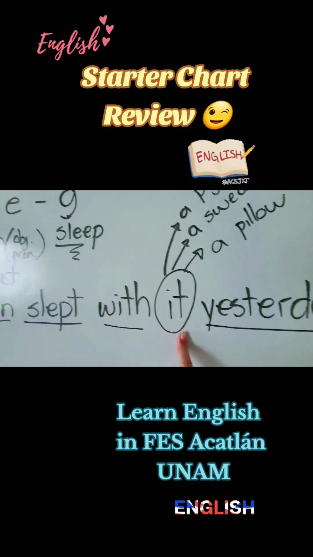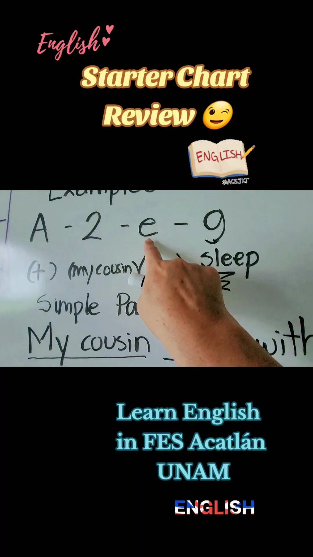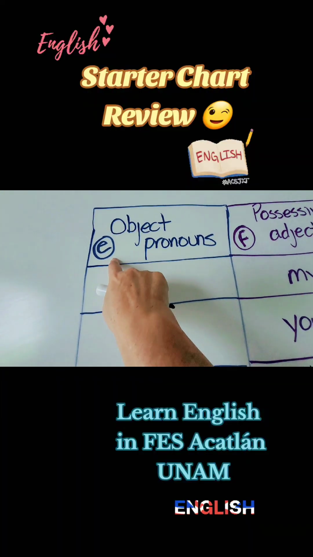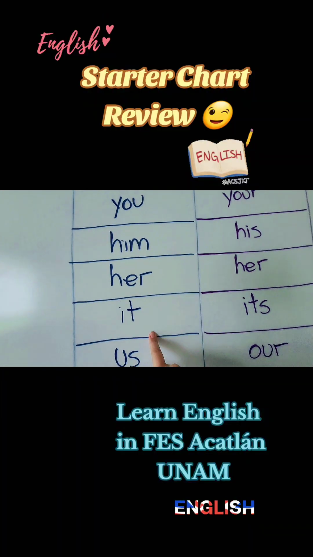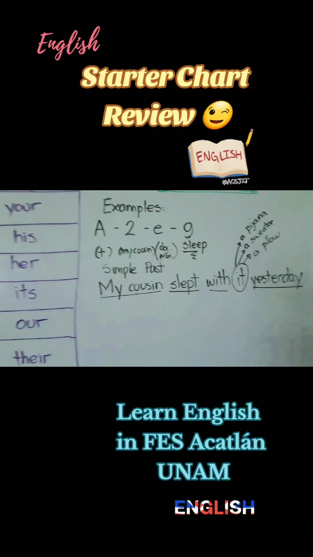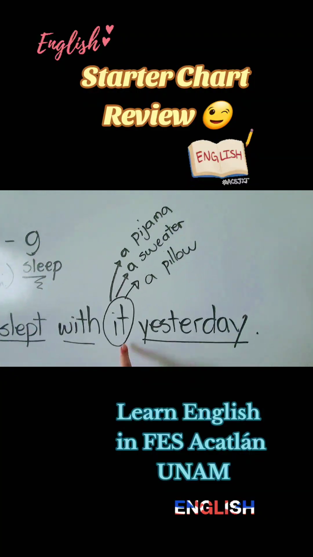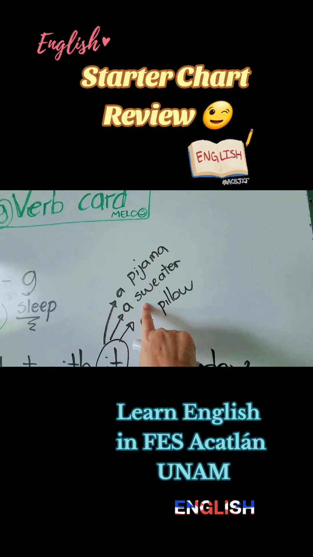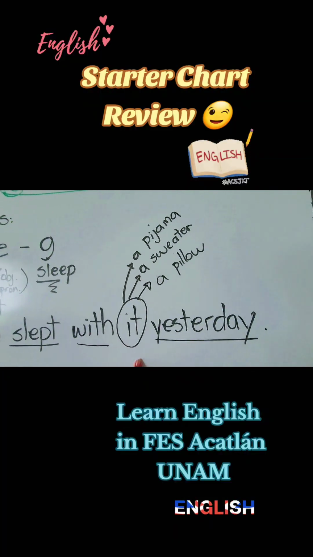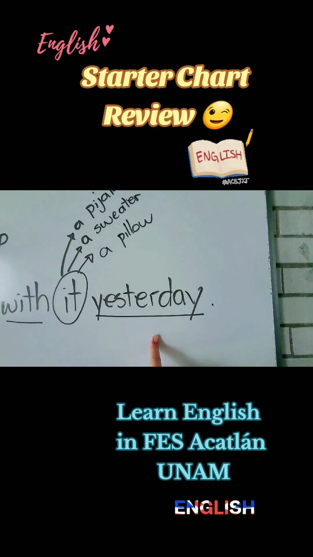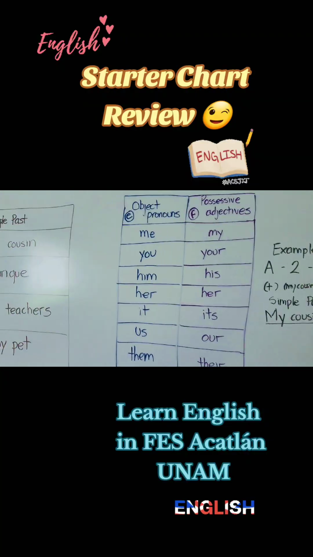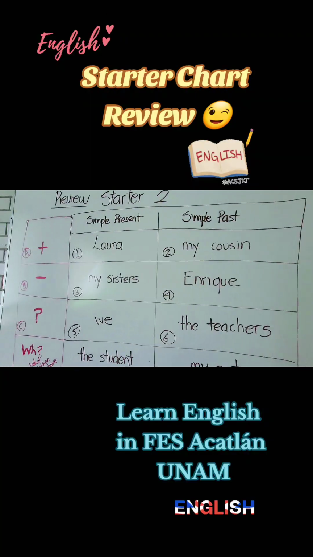With it, that would be the object pronoun, that is E, that is here. So I decided to use it. You could use any other, but I decided to use it. And it could be a pillow, a sweater, a pajama. So my cousin slept with it yesterday. That would be one example using our review chart.